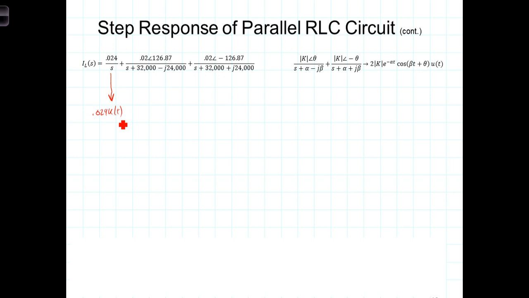And then we have these other two terms, which are conjugates of each other, and from the Laplace tables, we know that when we have two terms of this form, in the time domain, it goes back to 2 times the magnitude of k, e to the minus alpha t cosine of beta t plus theta u of t, where, in this case, alpha is this constant right there, 32,000.